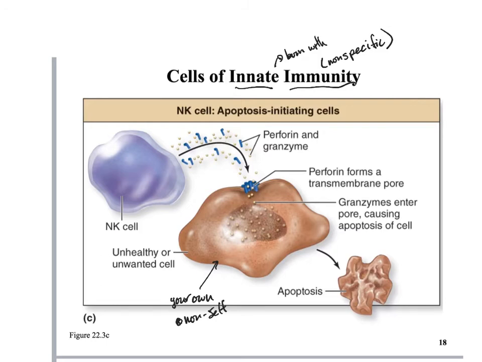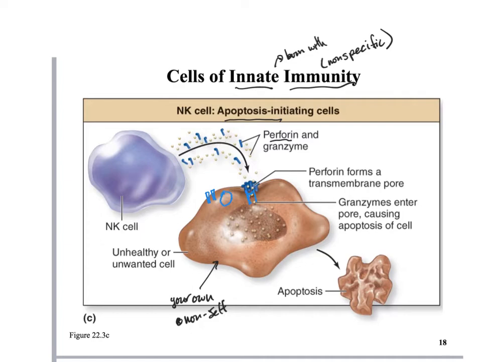A natural killer cell, for instance, will run into a cell that it recognizes as different and not wanted, and so it will induce apoptosis by releasing perforin. Perforin binds in here and makes a little hole, a little tunnel.